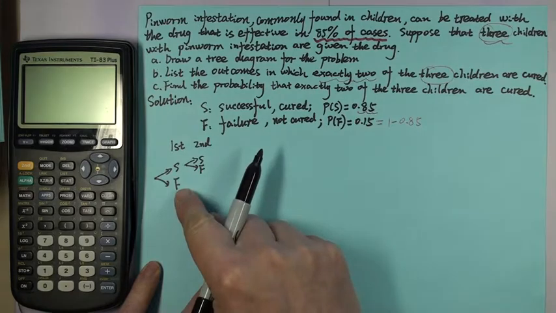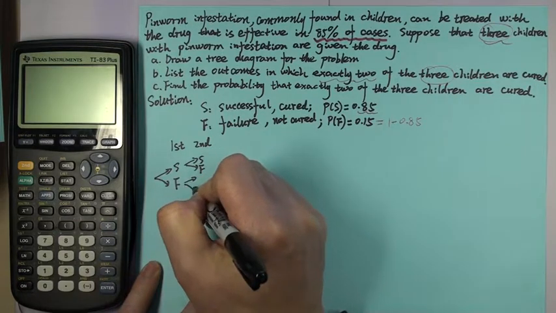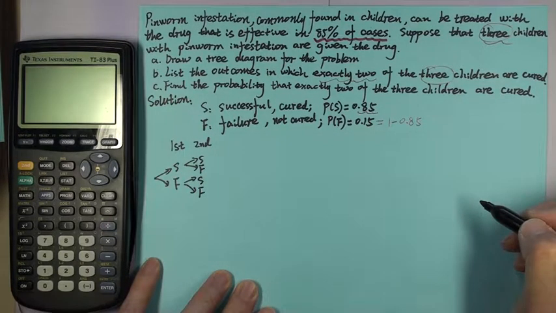If the first child is a failure, not cured, there are still 2 possibilities, S, F.